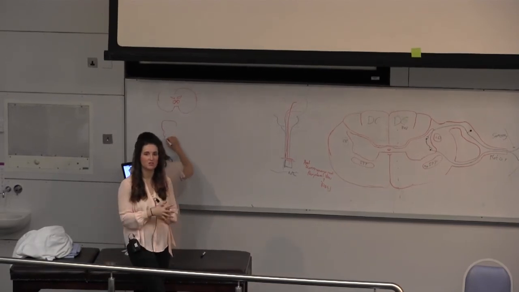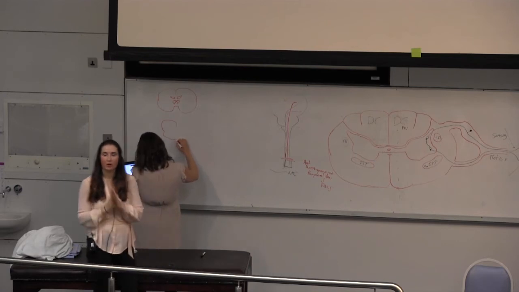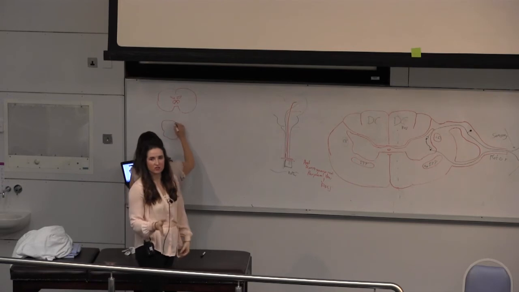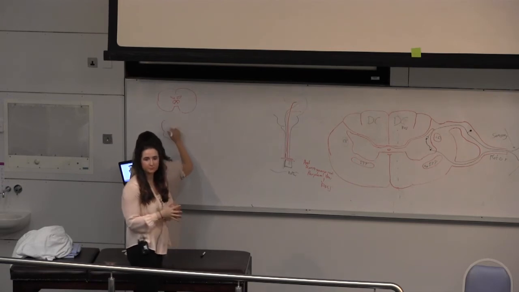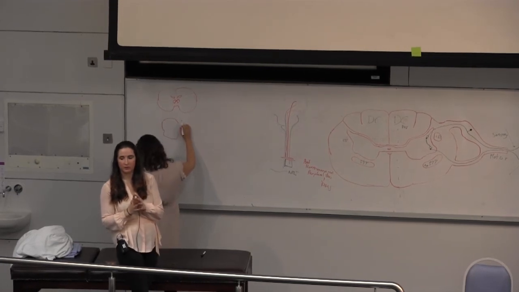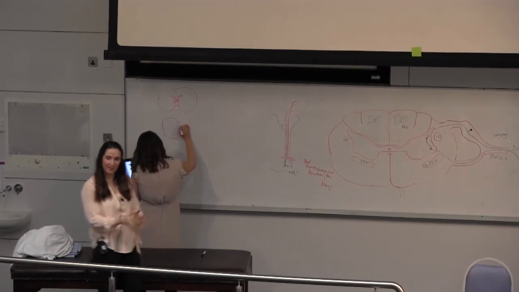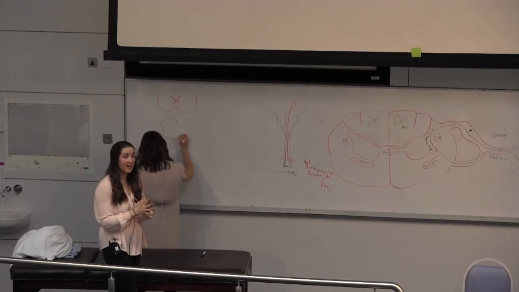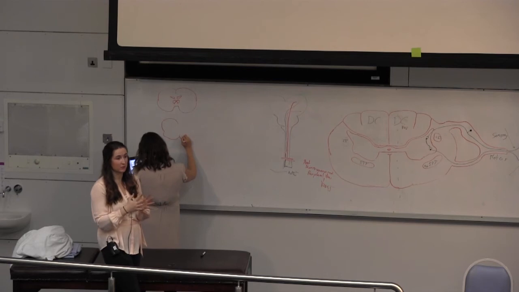So neurodegenerative is the better term to use. Parkinson's to some extent, but most of it's extrapyramidal, isn't it? What other neurodegenerative ones do you know? We'll stay on the neurodegenerative so we get that list finished, and then we can move on. ALS. Yeah, all motor neuron disease, with the classic one being ALS.